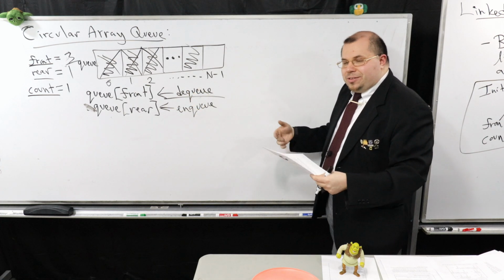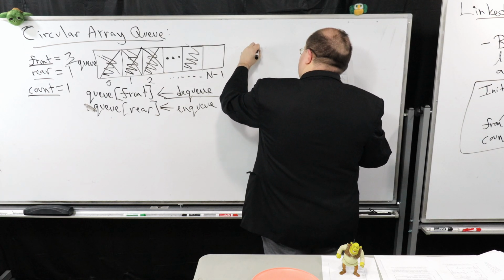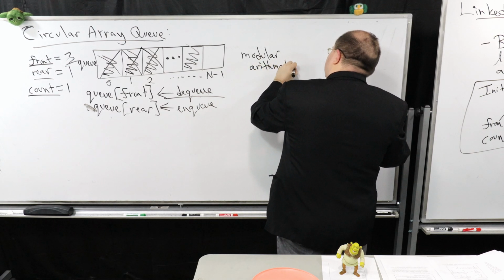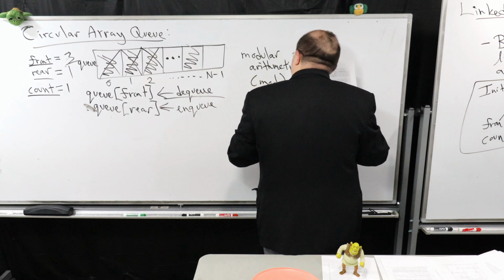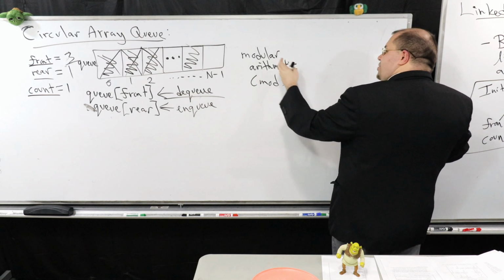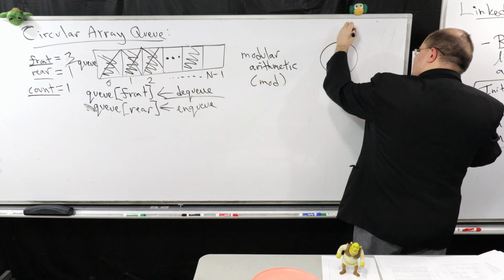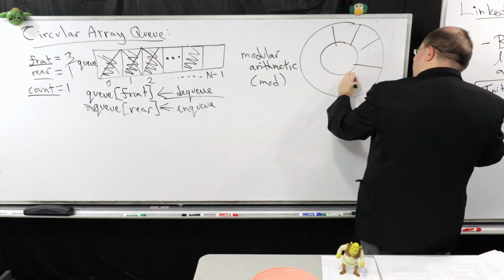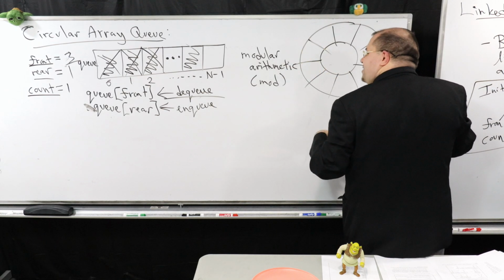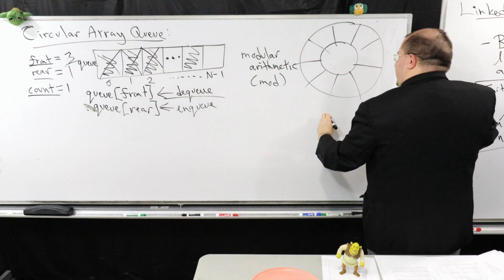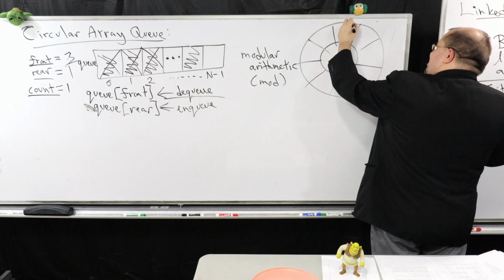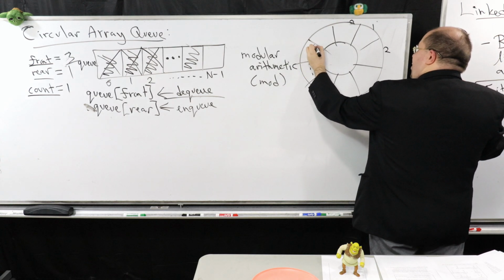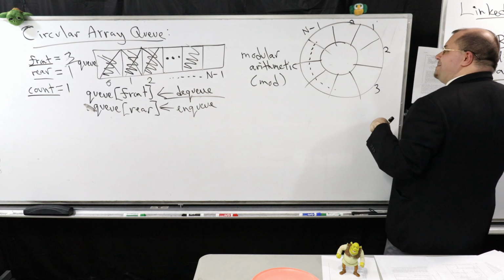One way we could do this is by using what is called modular arithmetic. You may have seen something called mod, which you may know as integer remainder. What you could do is bend this whole structure. This is going to be weird at first if you've never seen this idea before, but you can bend this array into a ring where this is position 0, this is position 1, this is position 2, this is position 3, and so on, all the way around to position n minus 1.